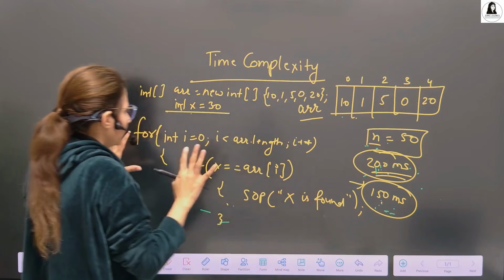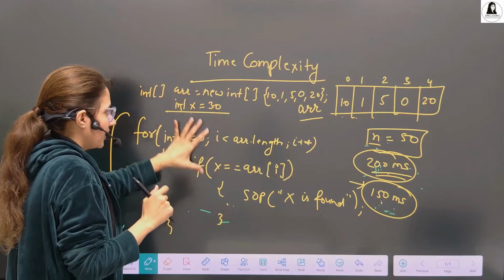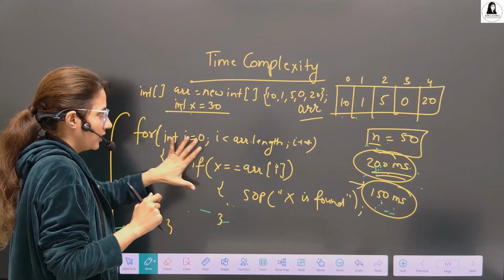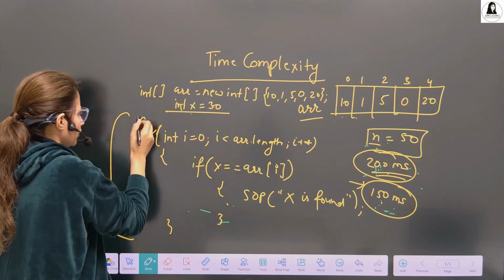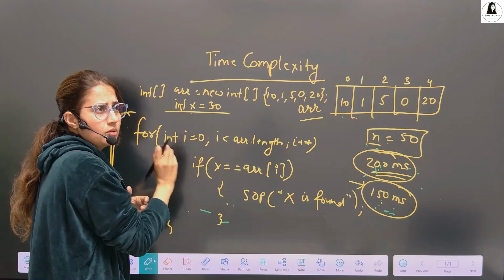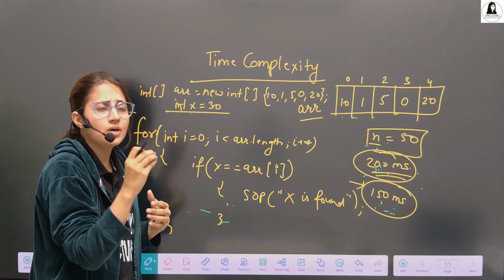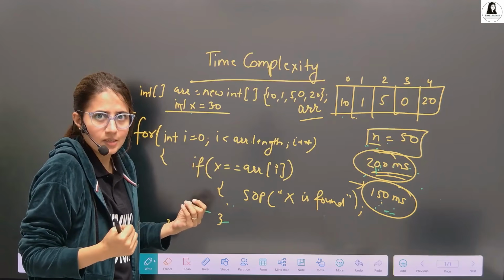See, if I have to calculate the time complexity of this algorithm, this approach I'm writing here, you just find out the number of operations or the number of comparisons you have done in that program to find out the time complexity, right?